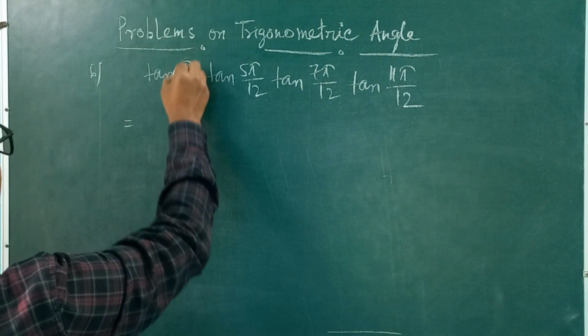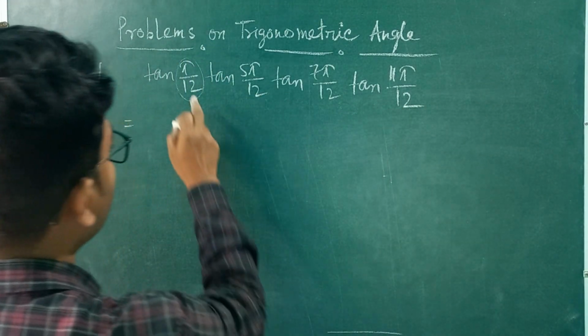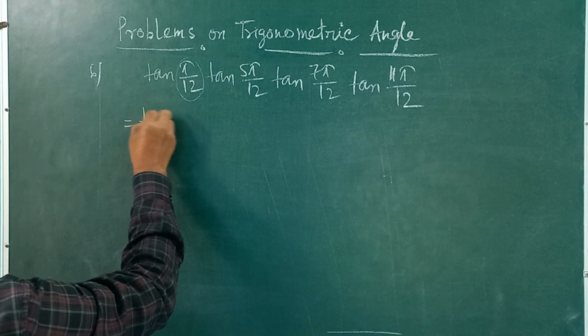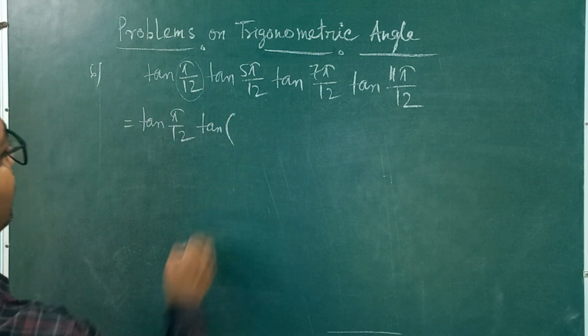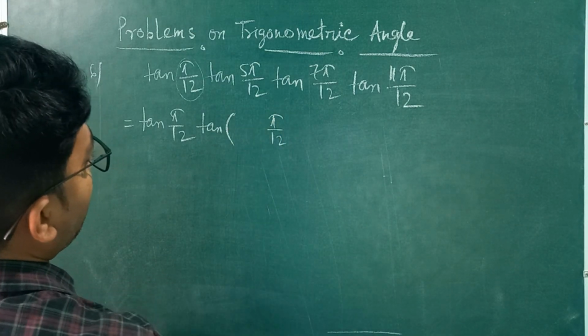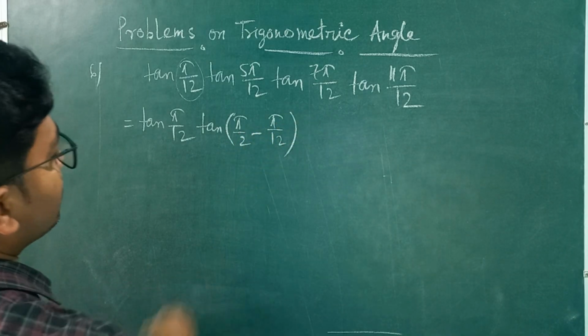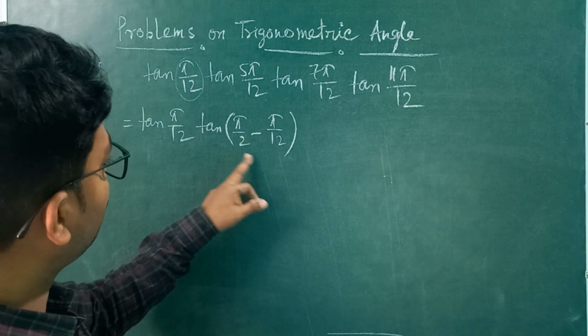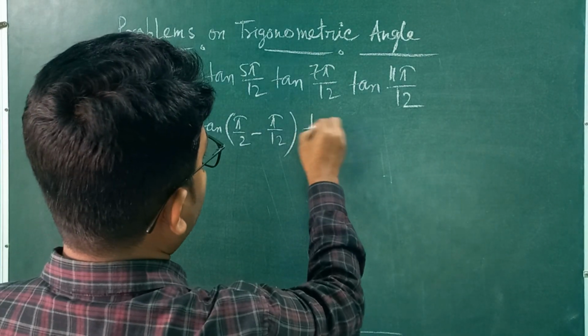So, here pi by 12 is the smallest angle, we will break all the other angles in terms of pi by 12. So, what happens? Tan pi by 12, tan, here is pi by 12, what can you write here? Pi by 2 minus pi by 12: 2 6s are 12, 6 minus 1 means 5, this one.